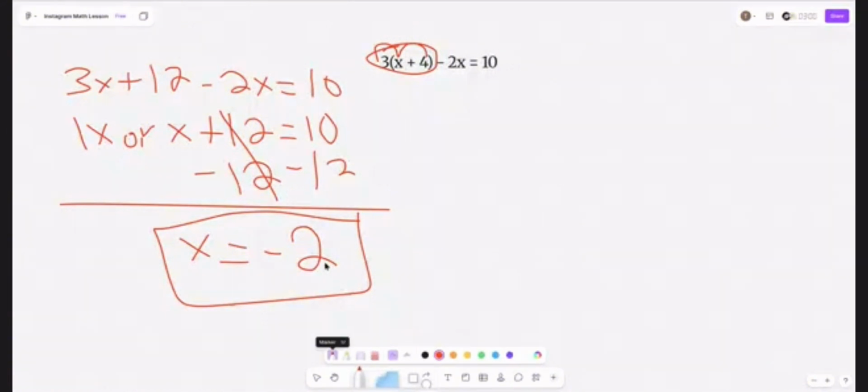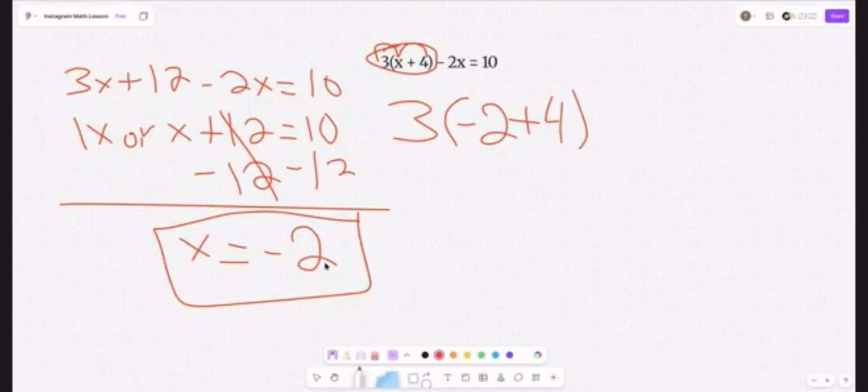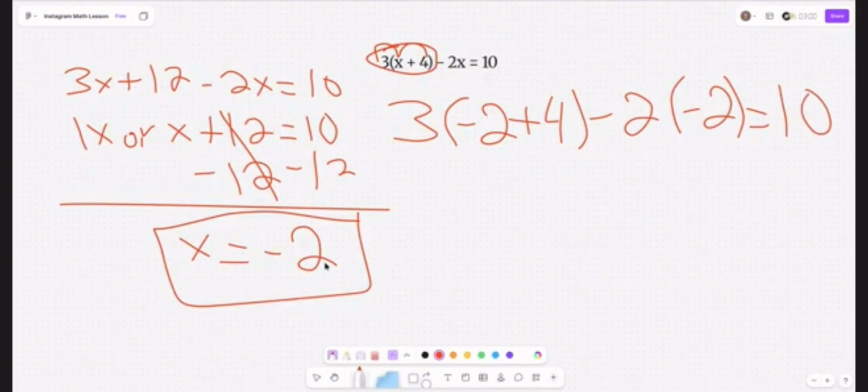I was looking over at my work. So you have 3 times negative 2 plus 4 minus 2 times negative 2 equals 10. So we're just going to simplify this. We have 3, and then negative 2 plus 4, we can think of this as just 4 minus 2, so we have 2.